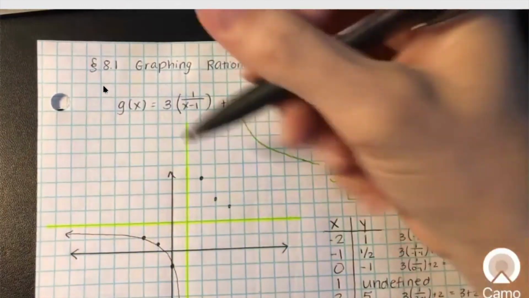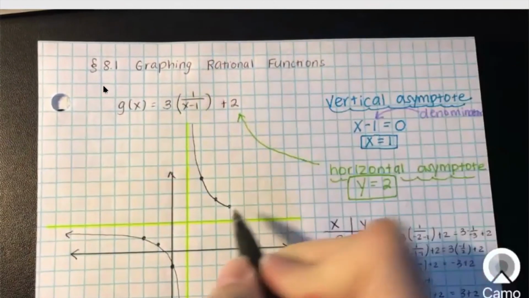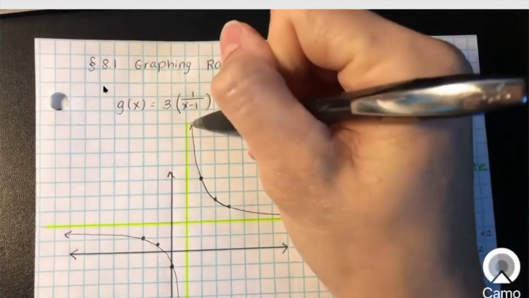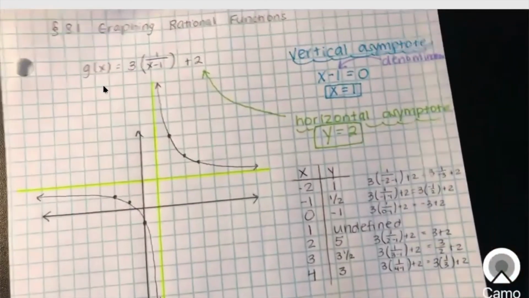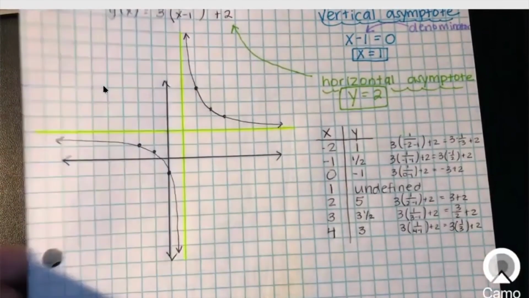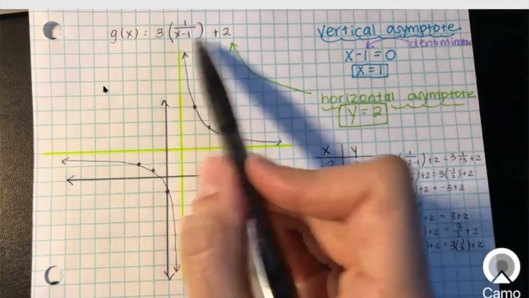So I know I get really close to those asymptotes, but I will never actually cross them. So when you're sketching your function, you want to make sure that you're not touching those asymptotes either. All right, so there is our graph of 3 times 1 over x minus 1 plus 2.